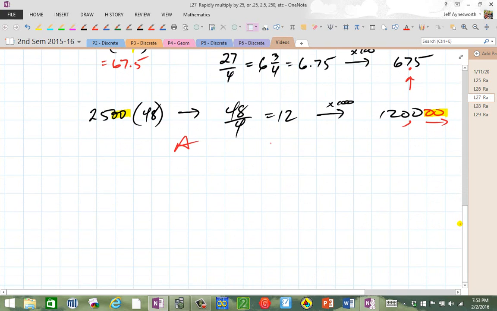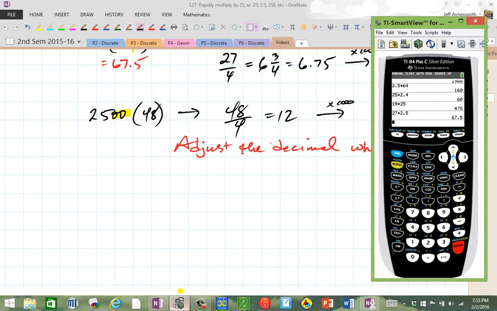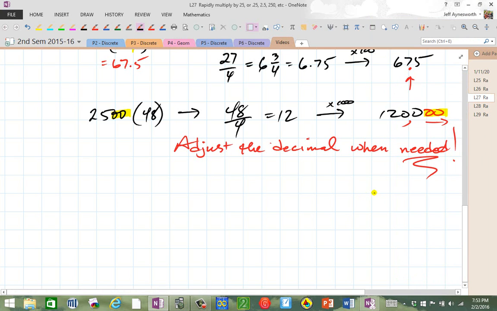You have to kick in a little bit of number sense because if you don't, you're not going to get the right result. Okay, so let's check that before I move on. 2500 times 48. Look at that, 120,000, which is what I came up with.